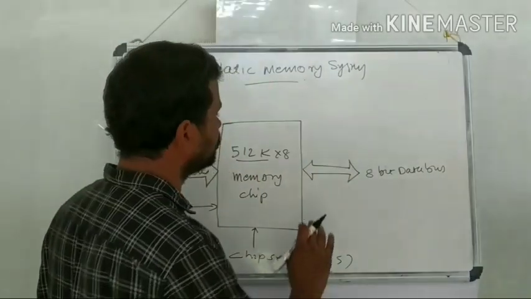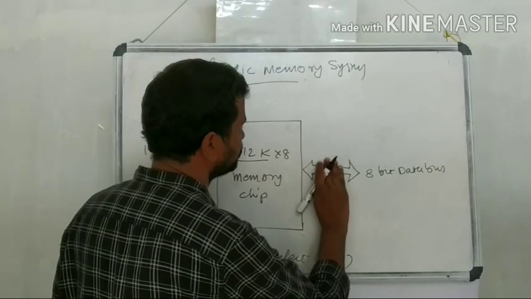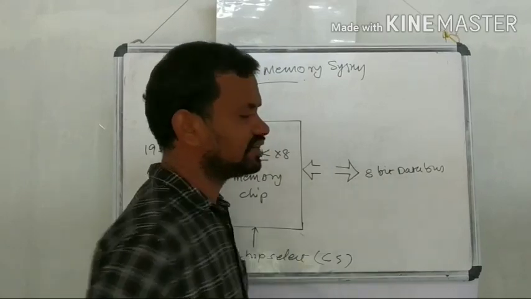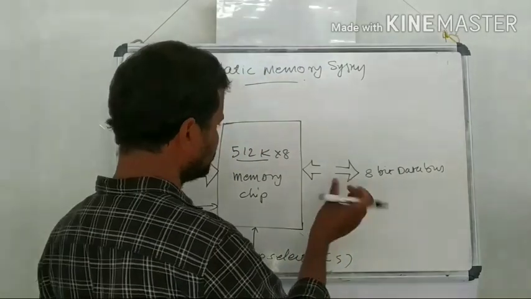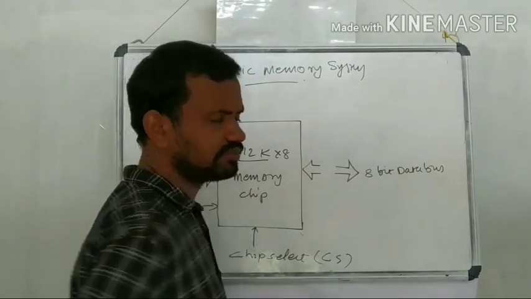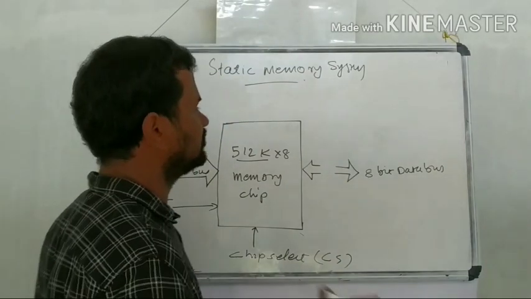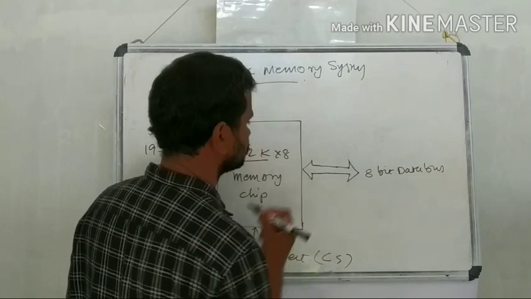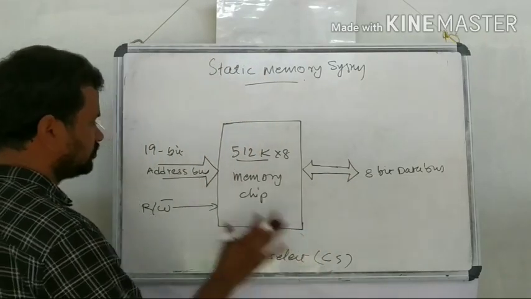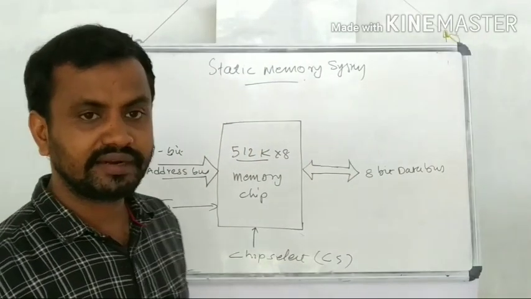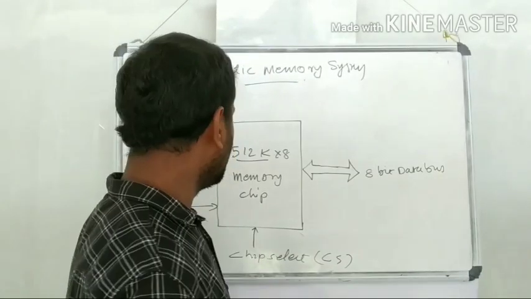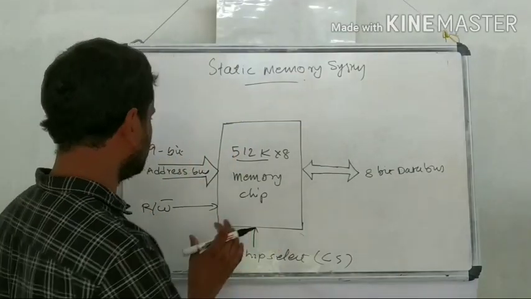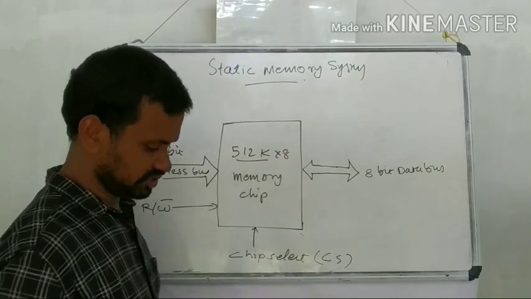That means it will act as if the memory chip is disconnected from the other circuits. So this chip select line is to enable or disable our memory chip. That's about the 512K memory chip.